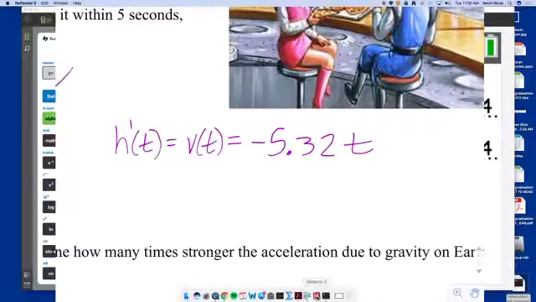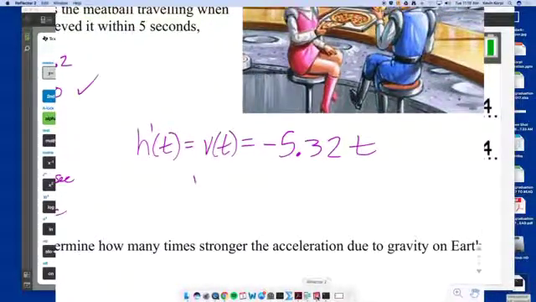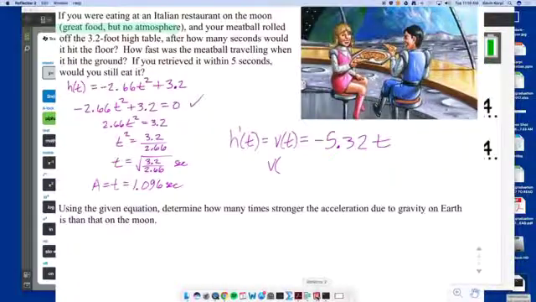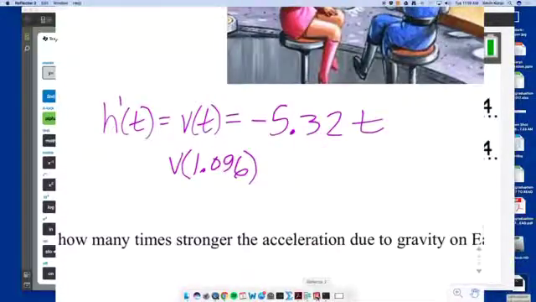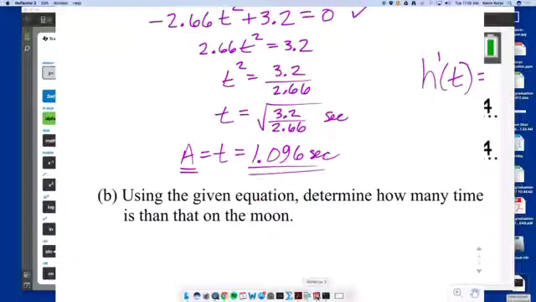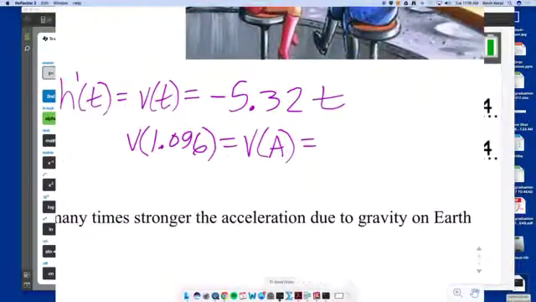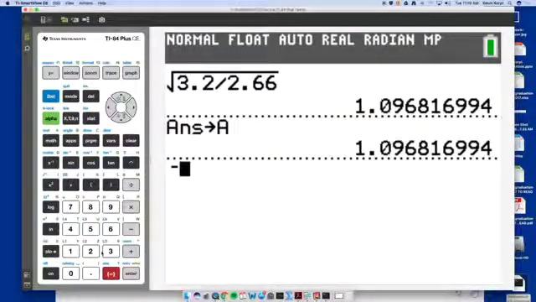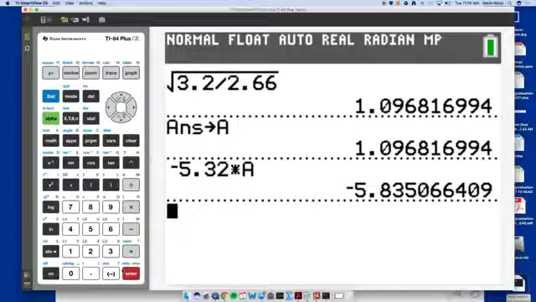And now when I'm going from a variable to a plug-in, I can say either v of, and I can use my 1.096. But if I literally just type in 1.096, as I said, I could be off in the third decimal. So another good thing to do is just to put v of A. And as long as A is labeled somewhere on your paper, we'll know what you're doing. It's an intermediate step. And so now I'll go to my calculator, and I'll just type in negative 5.32 times alpha A. And I'll report 3 decimals again.